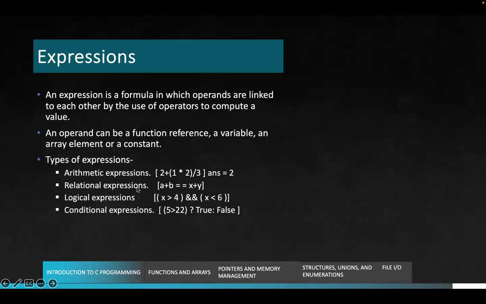Next are relational expressions, where it requires a comparison between two items. Next, logical expressions also. Logical expressions, again, as I said, use double ampersand, double OR, double negation, like that. NOT is also the same. Next, conditional expressions.